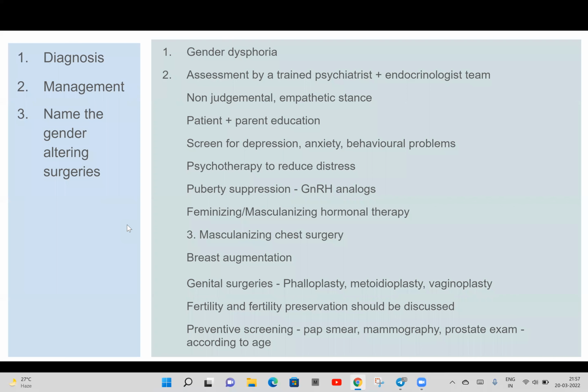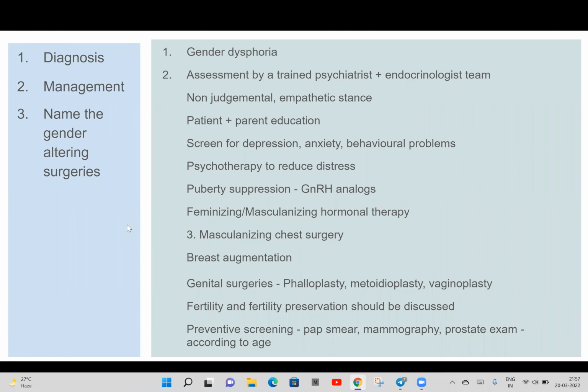If it is a male going into a female, then breast augmentation, or otherwise masculinizing chest surgery where the breast tissue is removed. Then genital surgeries: phalloplasty, metoidioplasty, and vaginoplasty. Then fertility preservation, the most important aspect of this discussion with the child and the parents.